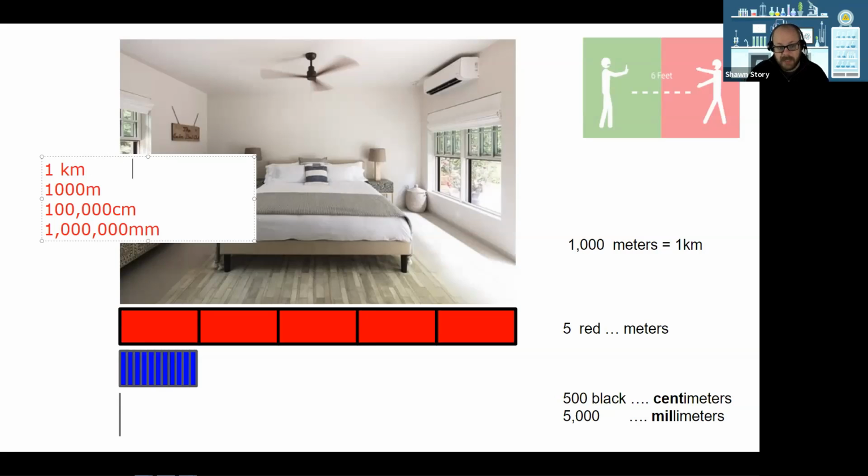If we wanted to say, well, how far is 5.5 kilometers? Well, 5.5 kilometers is 5,500 meters, which would be 550,000 centimeters. See how easy that was? Or 5,500,000 millimeters.